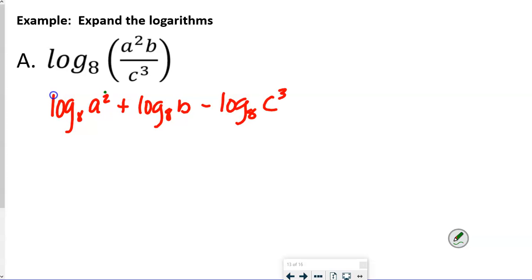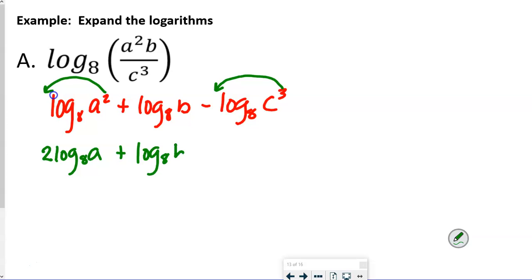Now our next step is to move these exponents out front. We're going to move both of these out front. So this is going to be 2 log base 8 of a plus log base 8 of b minus 3 log base 8 of c.